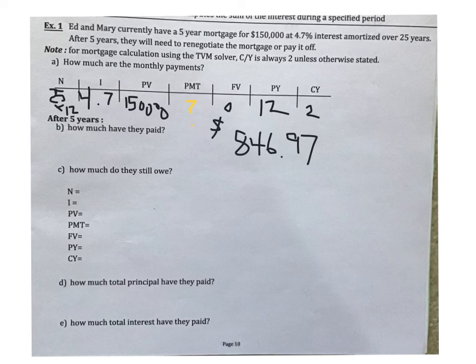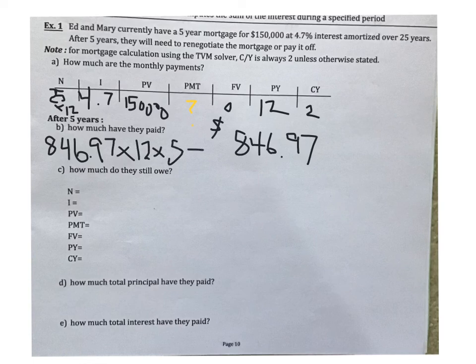Part B says, after 5 years, how much have they paid? So how much have they paid for their loan already? So we're doing these $846 payments, 12 times a year for 5 years.